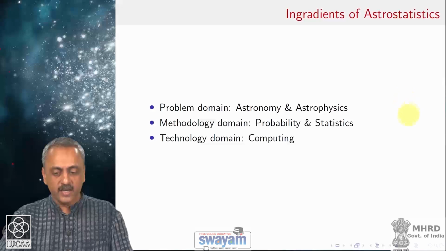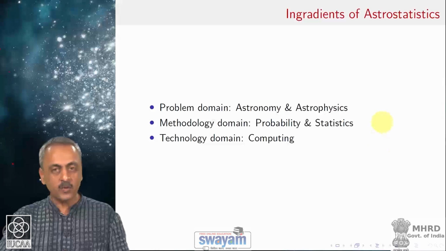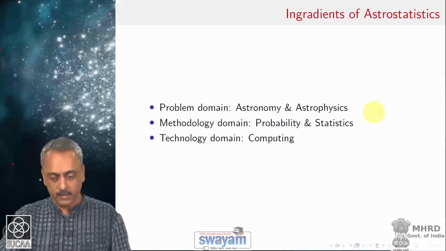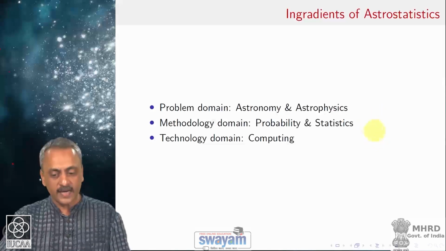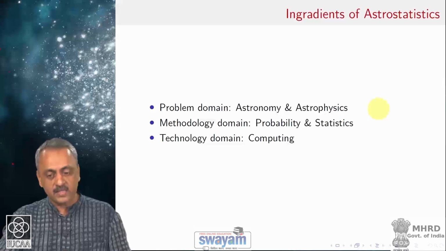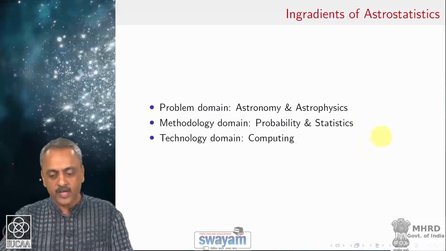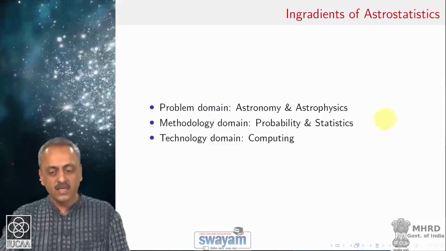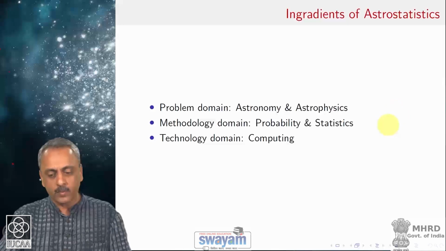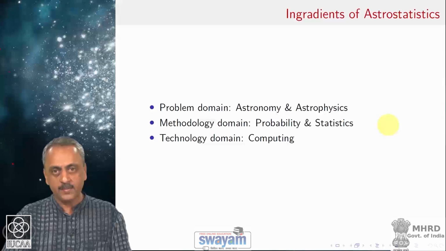So, in a nutshell, when doing data driven science, one has to deal with these three domains, and some expertise, varying degrees of expertise in all three domains, at least at the level of understanding, is helpful and necessary to be able to do good work. Just saying that I am a computing expert and I can safely ignore the other two domains is not advisable, although it can be managed with a multidisciplinary team in a multidisciplinary setting.